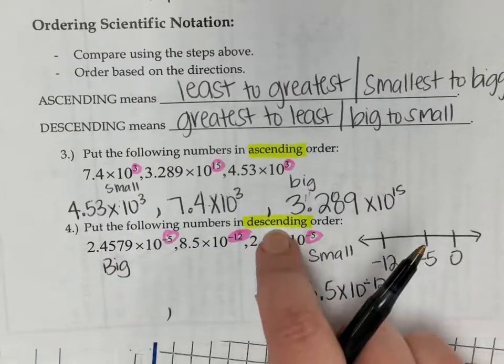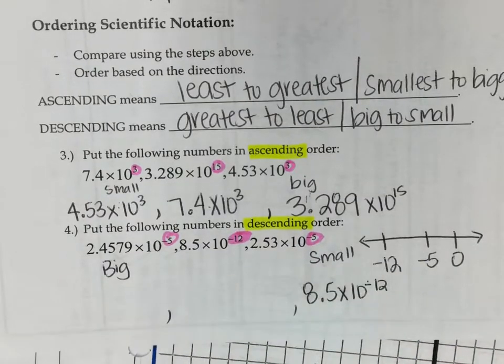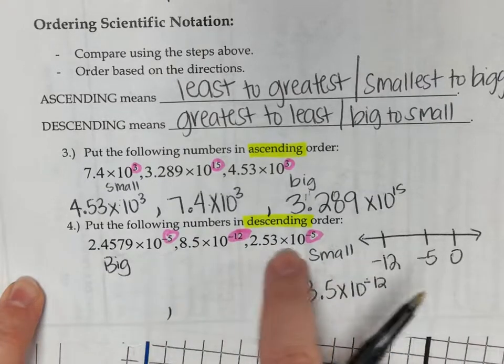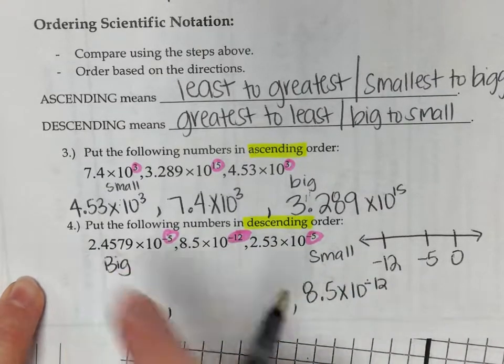So if this is bigger, does it go first or in the middle? First, because we wanted to write from big to small. 2.5 is bigger than 2.4.